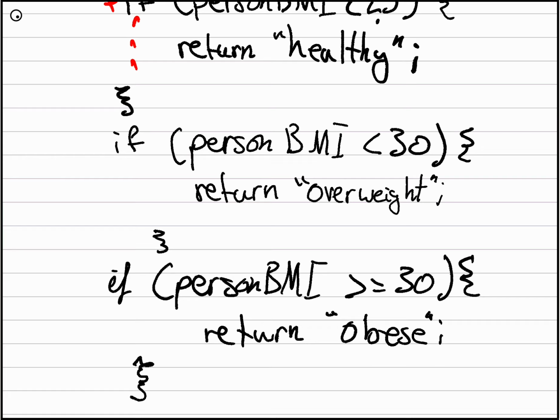You haven't told me what to return. Java's not able to check the logic and say that if it's a number, it's definitely going to fall into at least the last one. It's not going to check the logic, right? So instead of all these if statements, we use else if.